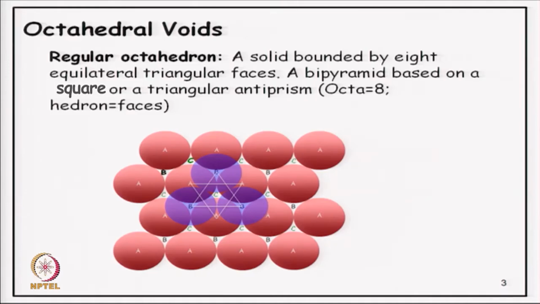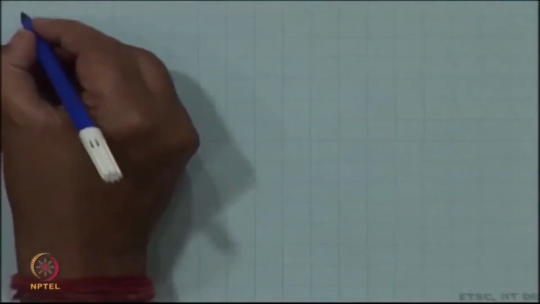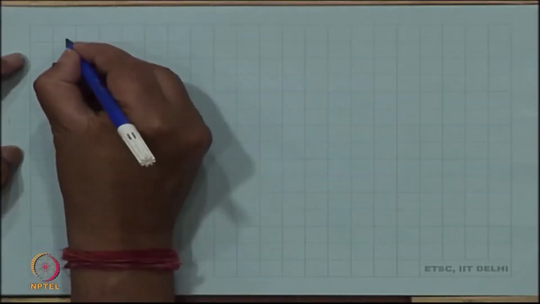So, the space inside such a solid is an octahedral void, and with this we now finish with the slides and let us come to the pen and paper, where we will derive the size of these voids.